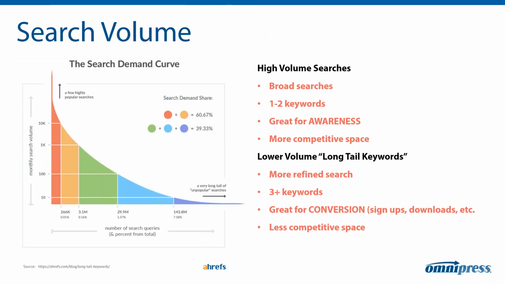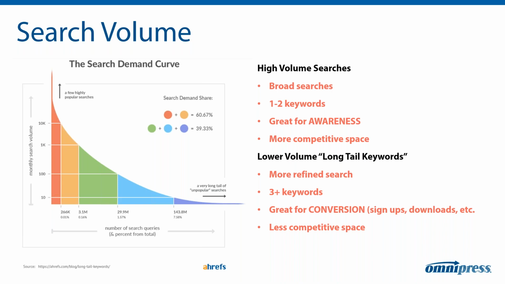So I'm going to start with search volume. And you can see on the graph on the left, 60% of all searches are high volume searches, meaning they are broad searches, which are 1 to 2 keywords. These types of searches are great for high level awareness, but because of that, it is a more competitive space.